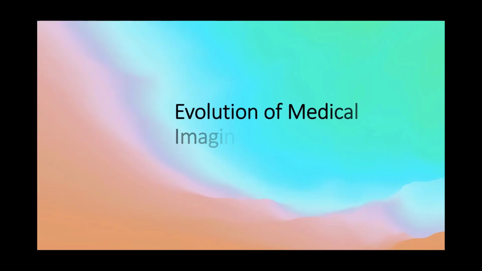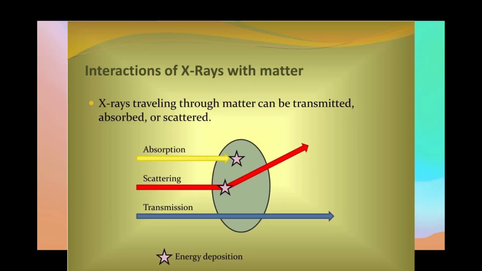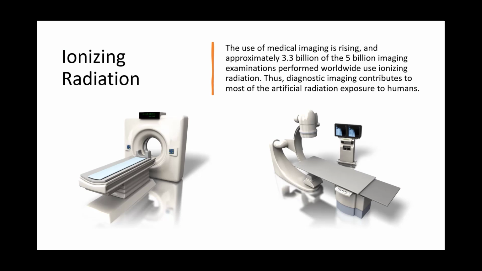To create medical images, we use both ionizing and non-ionizing radiation. Basically, what we are doing is recording the interaction of energy with tissue and taking that interaction and transforming it to an image that we can diagnose. We make medical imaging from all kinds of energy.